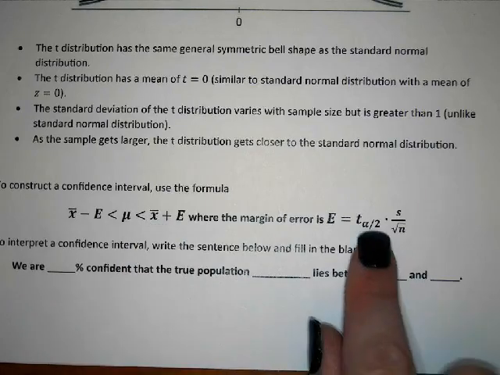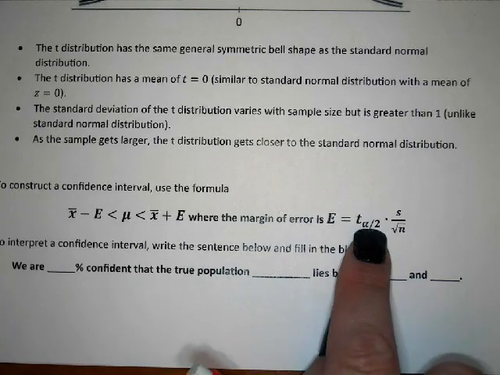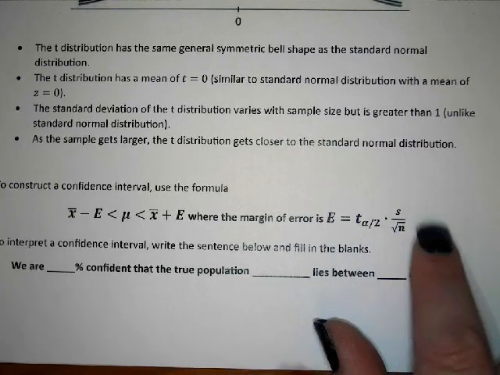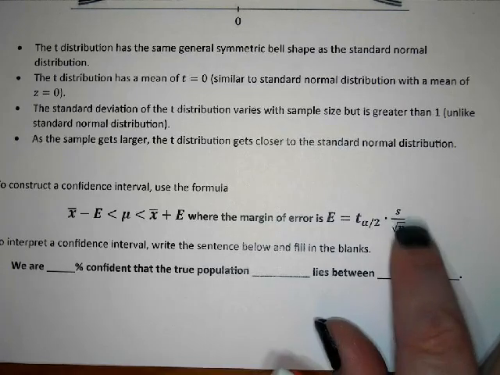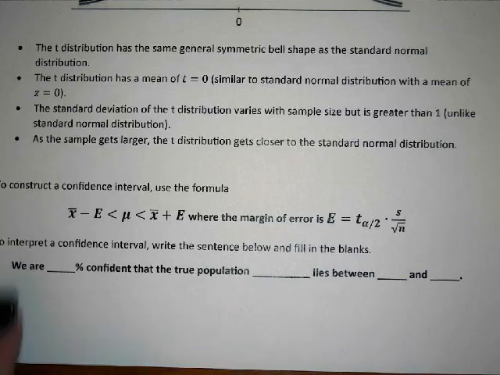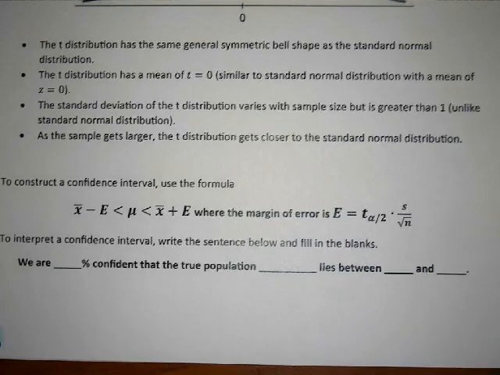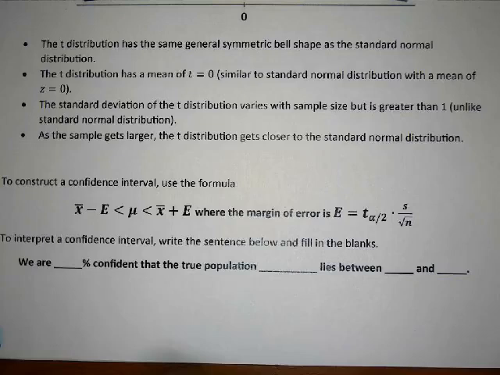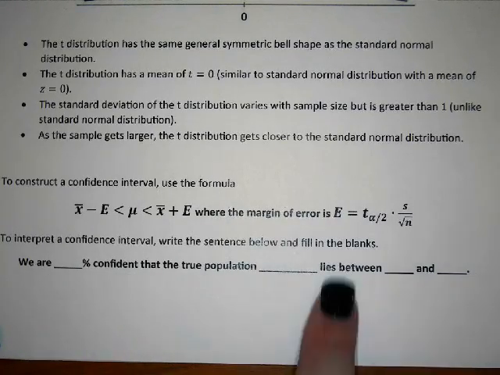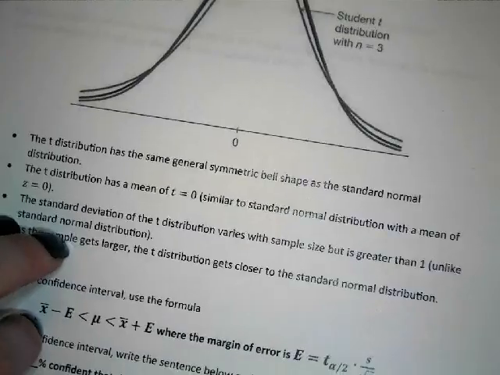And the margin of error is going to be using the t value instead of the z value, multiplied by the standard deviation over the square root of n. And of course, this is different than what we did last time, but overall the process is going to feel somewhat similar. To interpret the confidence interval, we're still going to write the same sentence: we're a certain percent confident that the true population mean lies between two specific values.